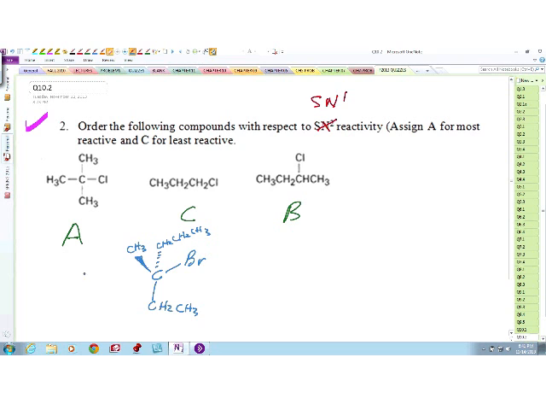Supposing we have that. And you have your nucleophile. Let us use a generic nucleophile. Let's call it Nu. Okay?